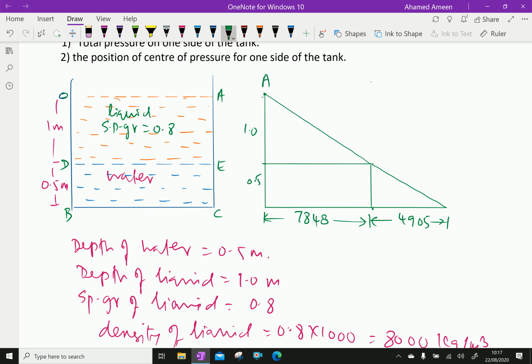Now we'll put the CG of these here. There are three parts: one triangle, one rectangle, and another triangle. Therefore force F1 will act at 2/3 of the base, that is, put CG here.